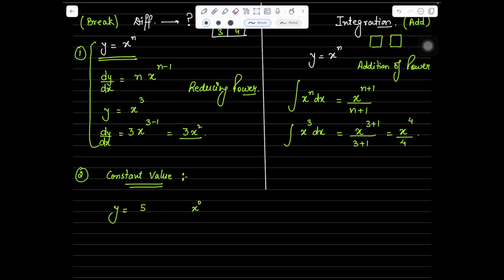Okay, I'll explain this part again. Sometimes students get confused. Can I say 5 is equal to 5 multiplied by 1? Yes or no? And any value, let's say x raised to power 0, can I say this is equal to 1? So 5 is written as 5 multiplied by 1, which is equal to 5x raised to power 0. Yes or no? Clear, guys?